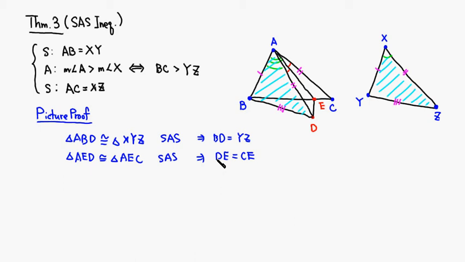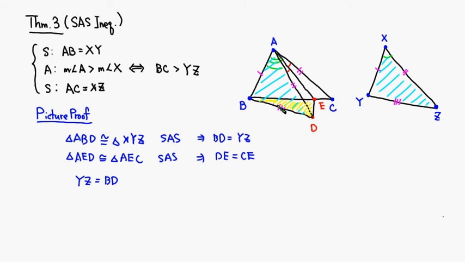Then we can use the triangle inequality. If you focus on this triangle right here, let's start with YZ, which is equal to BD.